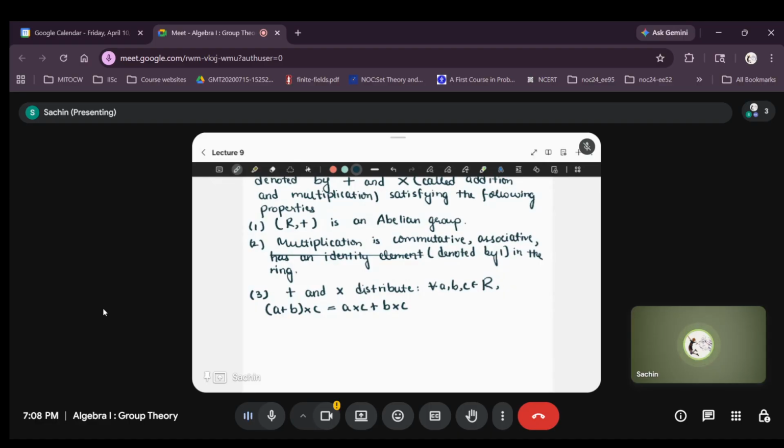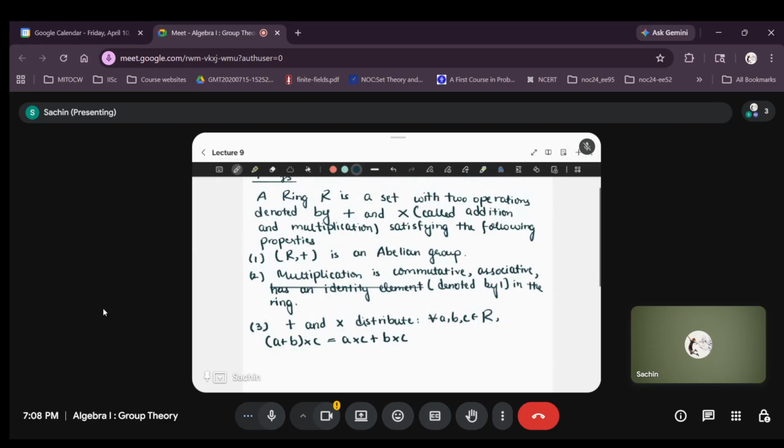The next thing is, you can leave out the commutative property also. So a ring can also be defined without having the commutative property for multiplication.